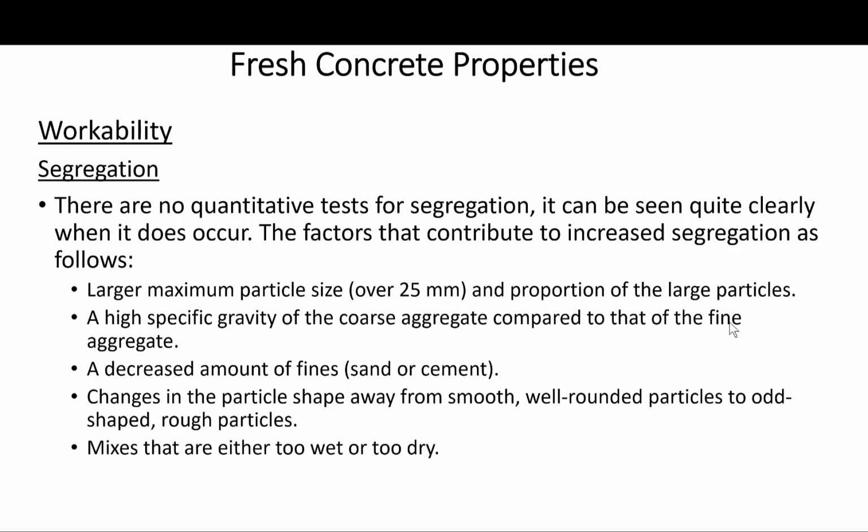If you remember, we said the specific gravity of the coarse and fine aggregate is in the same order, but if the specific gravity of the coarse aggregate is higher as compared to the fine aggregates, then we might face the problem of segregation.